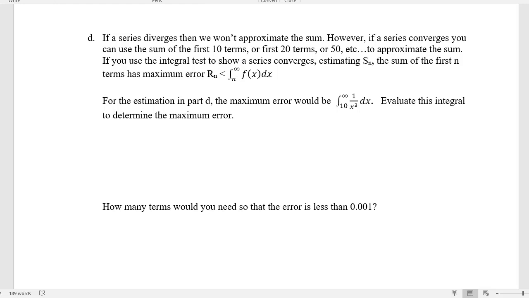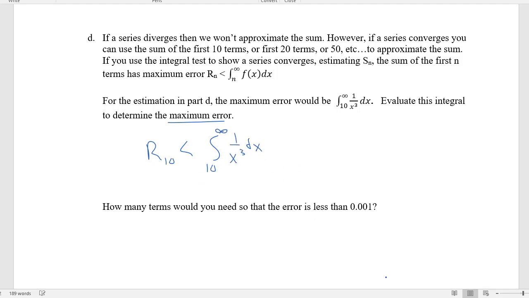For the example we just did, we summed the first 10 terms, so we know that our max error, which we call the remainder, from summing the first 10 terms is a maximum value of the integral from 10 to infinity of 1 over x cubed.